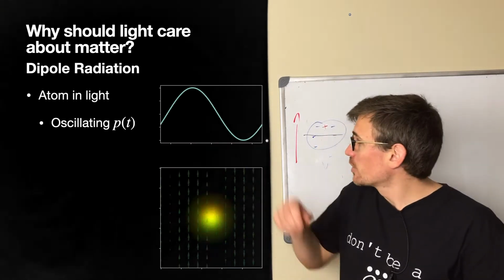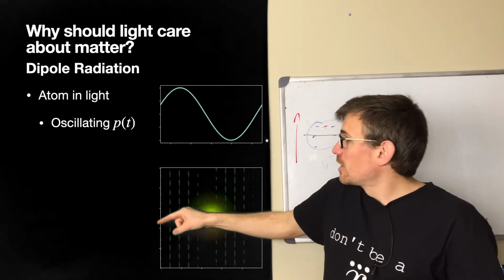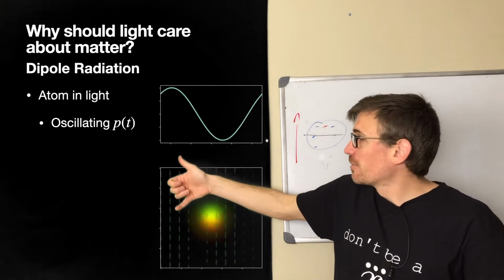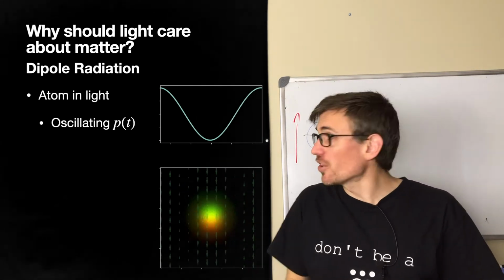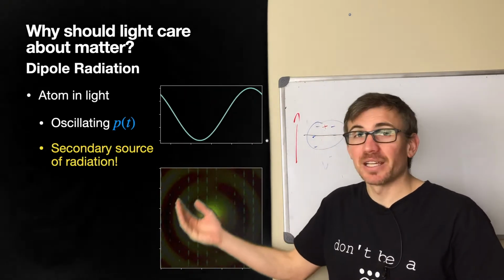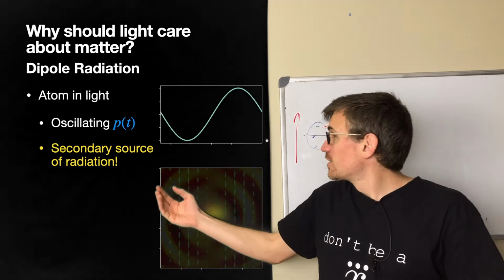Here's a light, which is an electric field, which is pointing up and down. And periodically, it's going to be inducing this dipole moment. The atom is going to be moving up and down and oscillating, right? And as we just saw, if that dipole is doing that, then it is becoming itself a source of secondary radiation. So this is the whole picture.